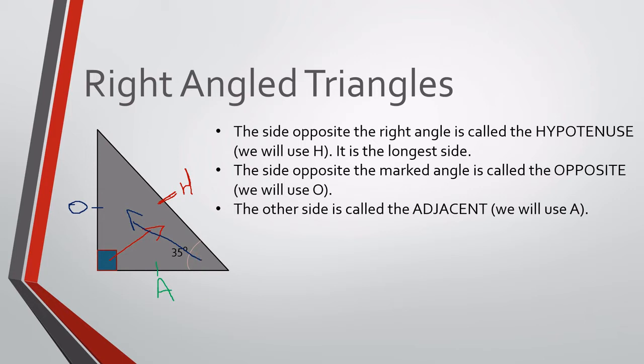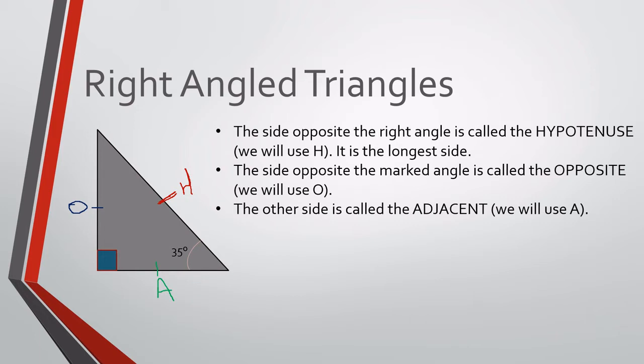So I will just clear it out once again. The hypotenuse is always constant. It's just the side opposite to the right angle. This right angle, opposite to it becomes the hypotenuse. Now these other two may exchange sometimes.